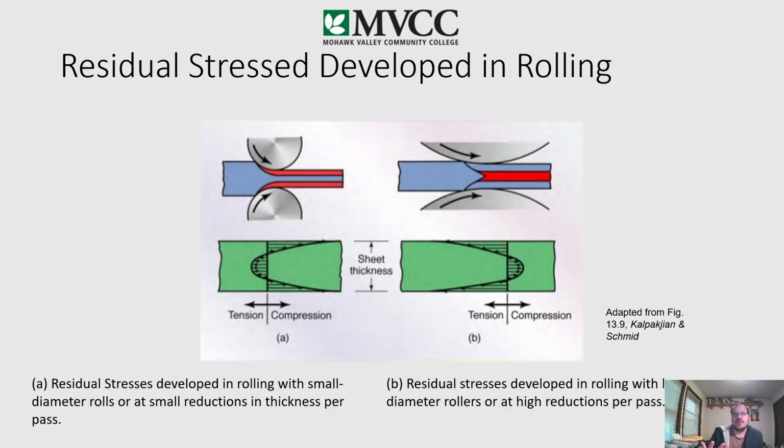Basically, what are we doing to the stresses in this part? And this is rather important especially when it gets to machining. So residual stress is developed when you actually do the rolling itself. What you're doing is you're actually trapping tensile and compressive forces right into your piece.